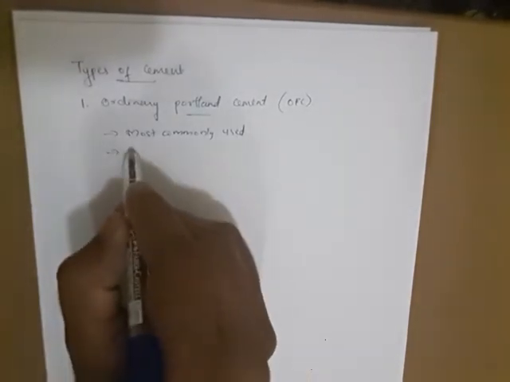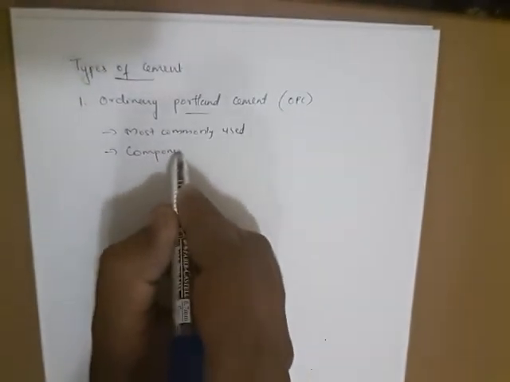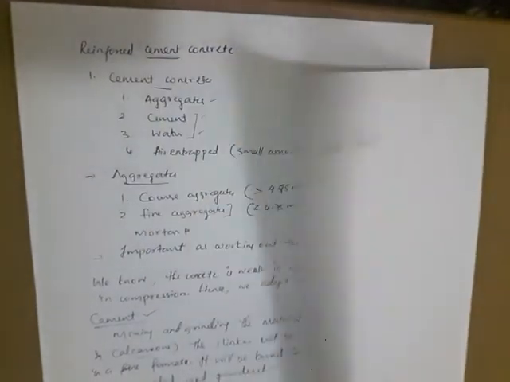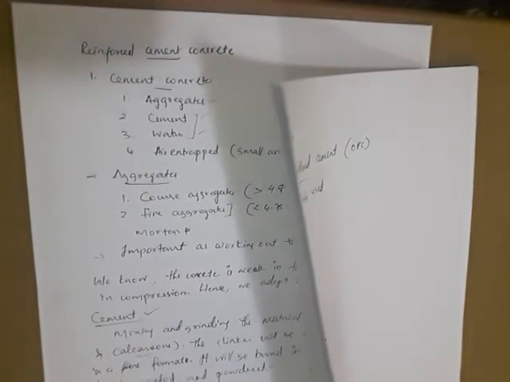It has the components which we have already described: lime 60 to 70%, silica 17 to 25%, alumina 3 to 8%, iron oxide 0.5 to 6%, magnesia 0.1 to 4%, soda and potash 0.2 to 1%, free lime 0 to 1%.